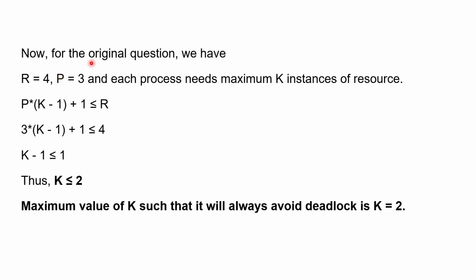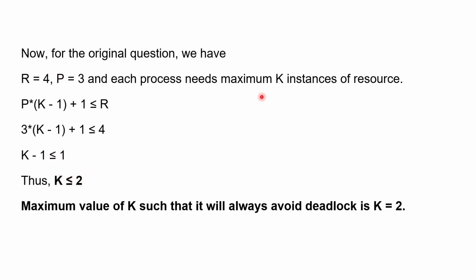Now let us come to the original question that was asked. We are given R = 4 instances of the same resource, and we are given 3 processes, and we have to find the maximum value of k, where k is the maximum instances of the resource each process needs. Just by plugging in the values, we can easily understand that k is less than or equal to 2.